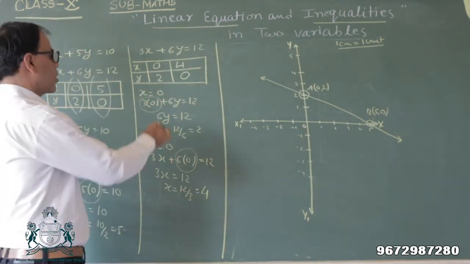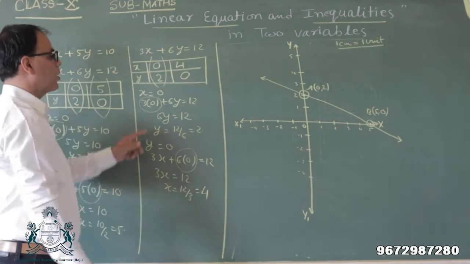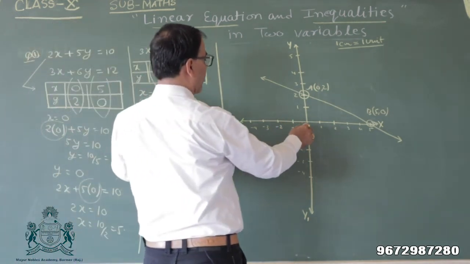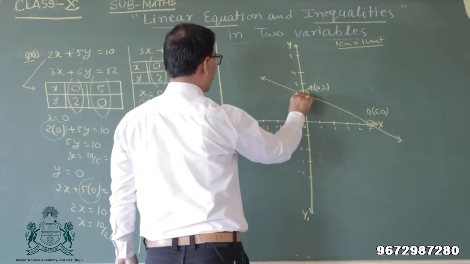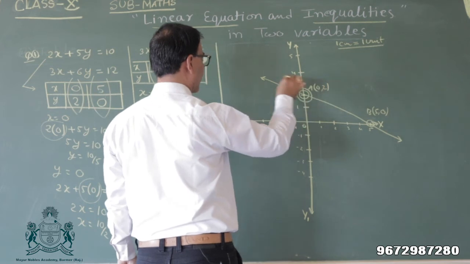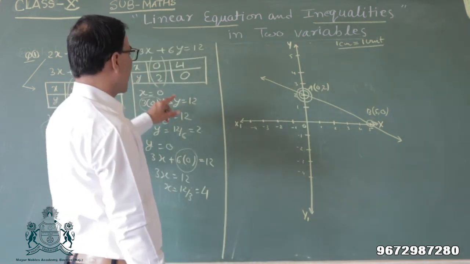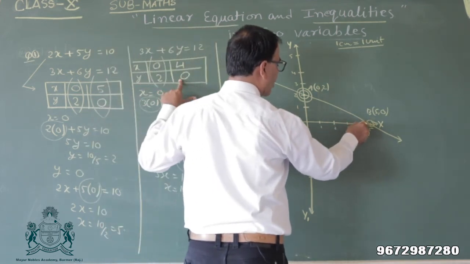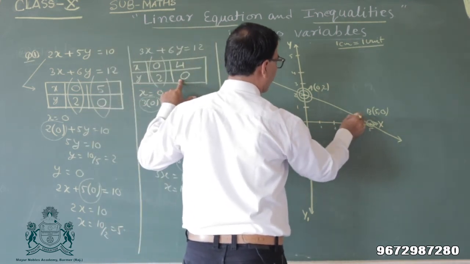Second case, first point 0 and 2 means x equal to 0, y equal to 2. Second point, 4 and 0. X equal to 4, y equal to 0.